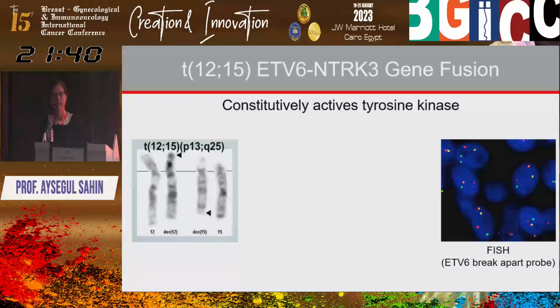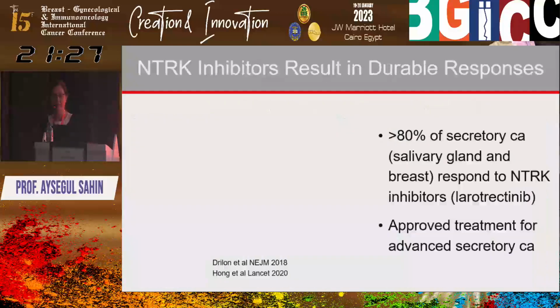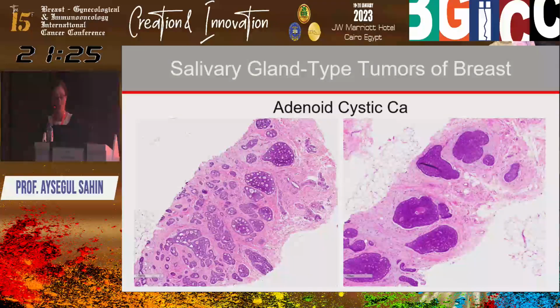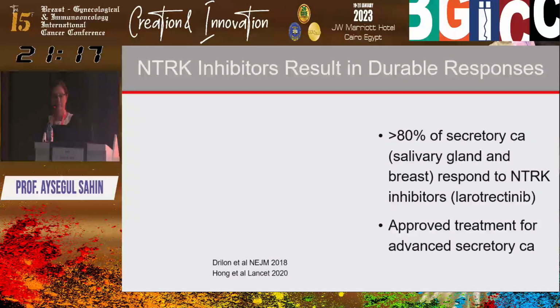And identification of this is extremely important because especially in the metastatic setting, it is not only a diagnostic marker, but also, I am skipping some slides. Is there anyone who can help me on that? So there needs to be another slide here.